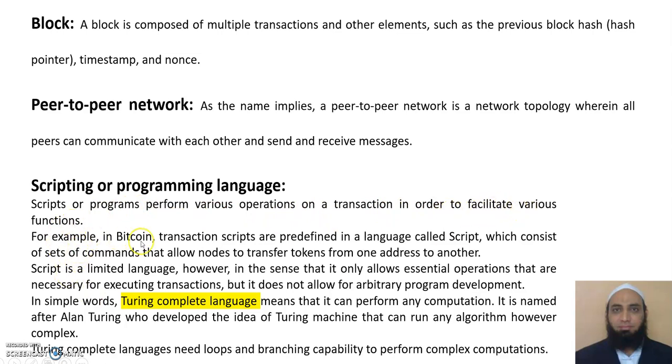For example, in Bitcoin, transaction scripts are predefined in a language called Script, which consists of a set of commands that allow nodes to transfer tokens from one address to another. Script is a limited language, in the sense that it only allows essential operations that are necessary for executing a transaction.